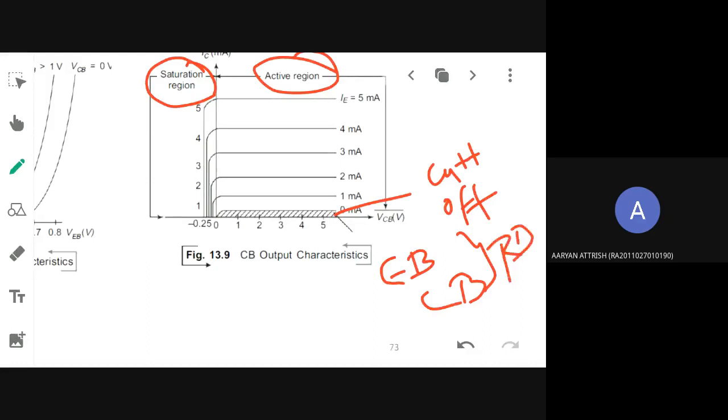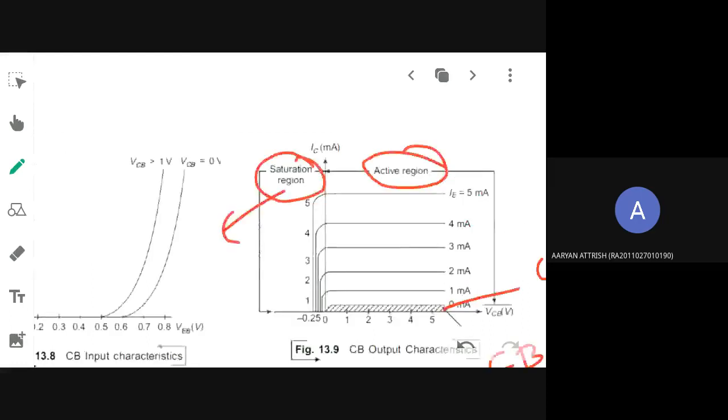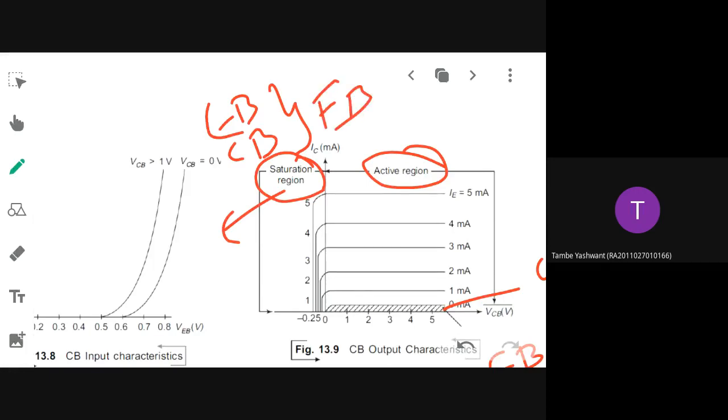Now if we move on to the saturation region, what can you say about the two junctions? Emitter bias and collector bias both will be forward biased.